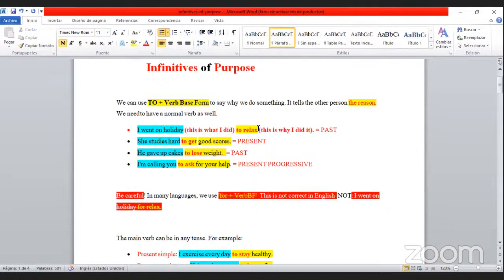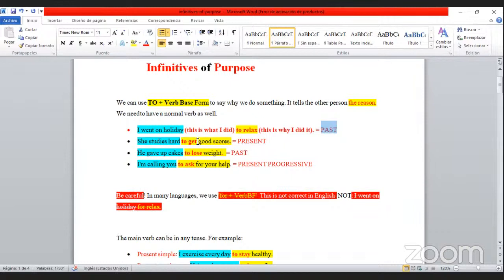So when we talk about infinitives, we could use them with a lot of tenses, okay? For example, in present, past, future, present perfect, with all the tenses. For example, this example is in present simple.